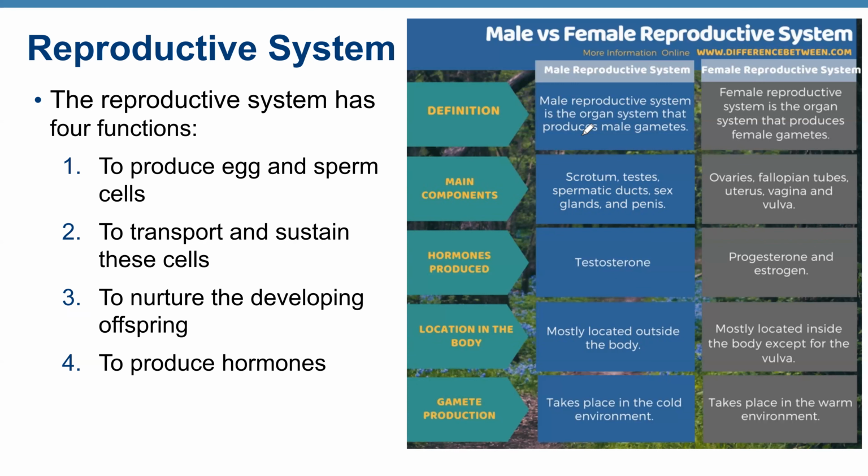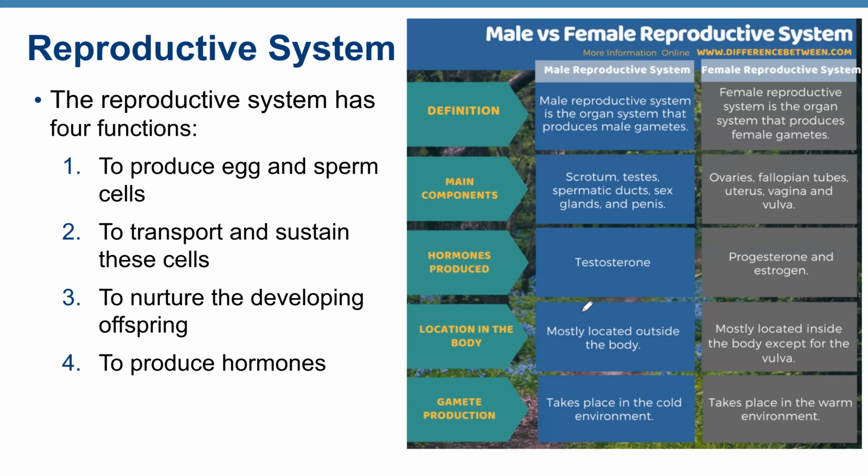Female system: ovaries, fallopian tubes, or what we now call ovarian tubes, uterus, vagina, and vulva. The vulva is the external genitalia of the female. Hormones produced: for the male reproductive system, testosterone, and for the female reproductive system, progesterone and estrogen.